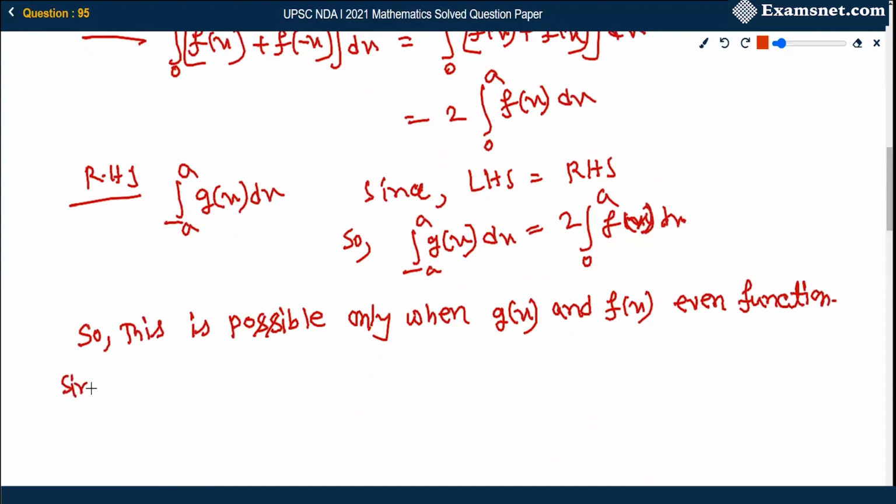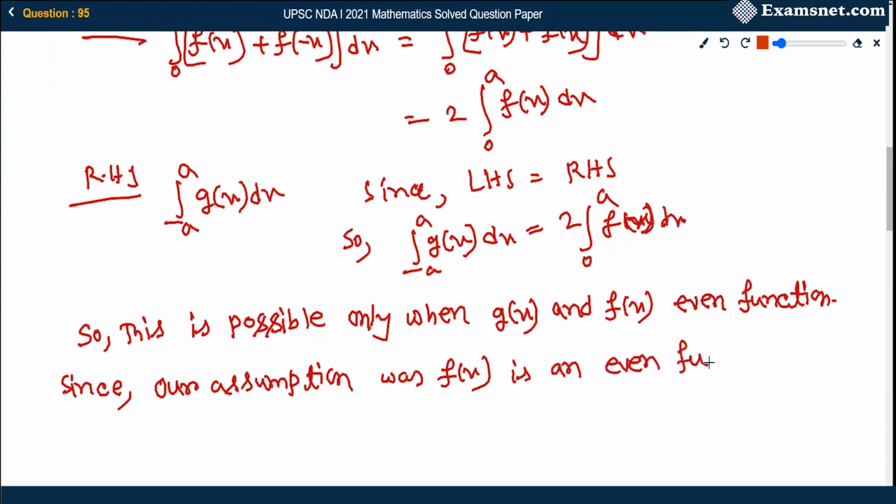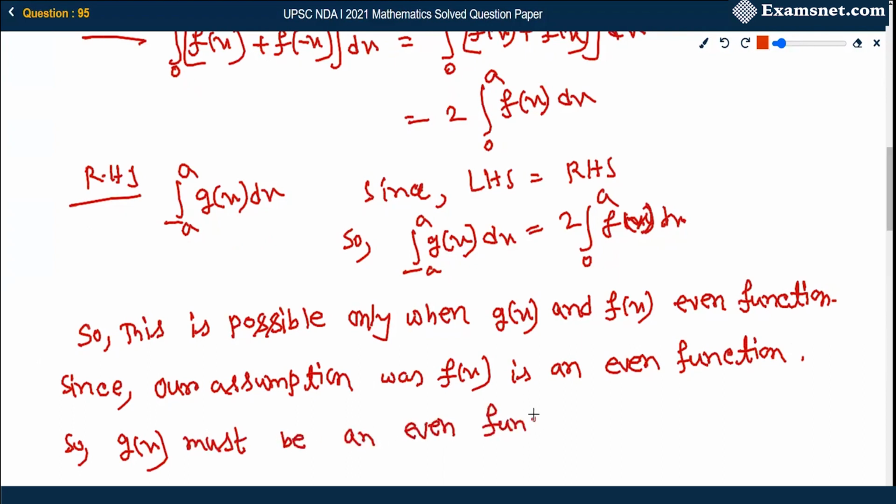Now since our assumption was f of x is an even function, g of x must be an even function, right?